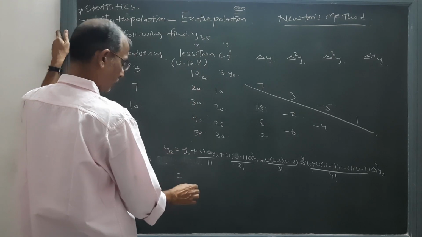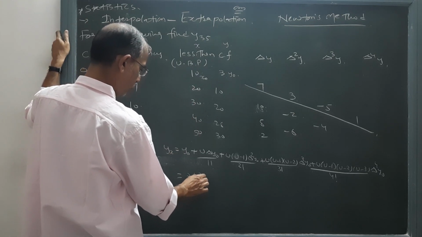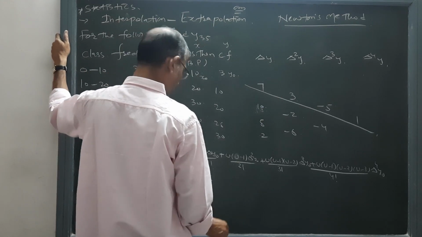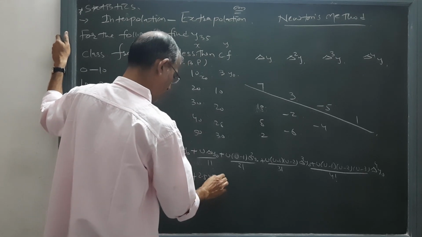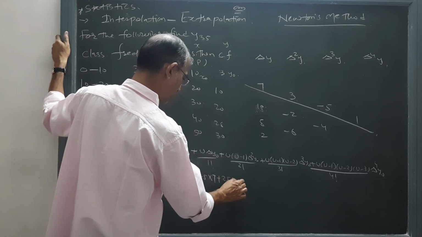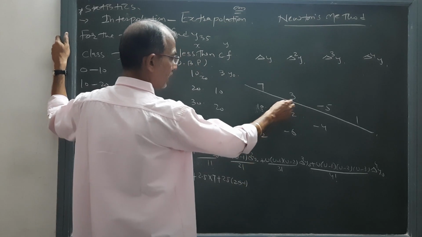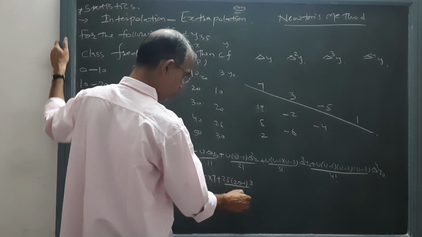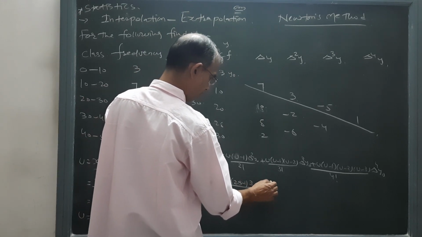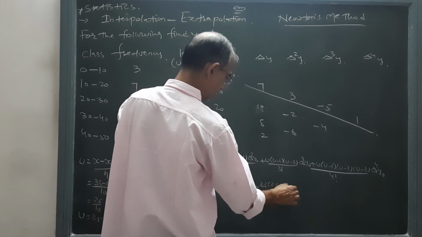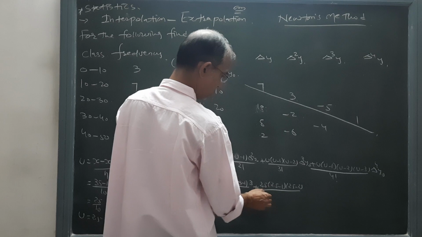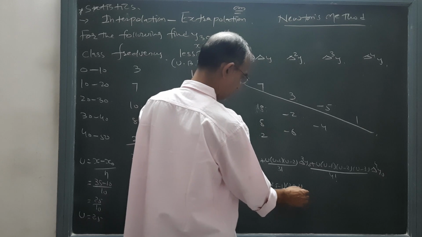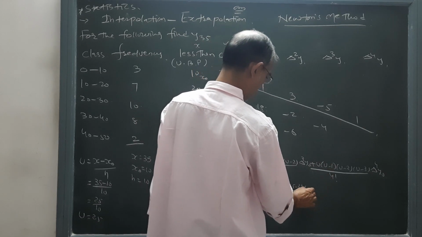Now y0 is equal to 3, u is 2.5 into delta y0 which is 7, plus 2.5 into 2.5 minus 1, delta square y0 is 3, divided by 2 factorial, plus 2.5 minus 1, 2.5 minus 2, divided by 3 factorial, which is 3 into 2 into 1, that means 6, and delta cube y0 is equal to minus 5.